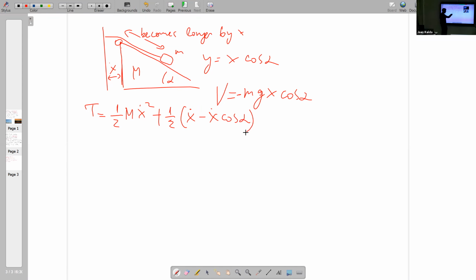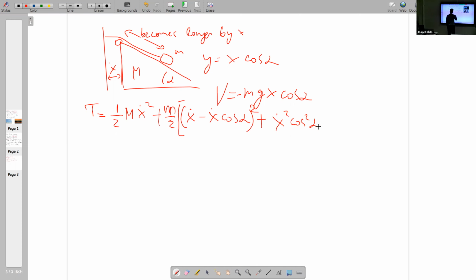So in the ground frame, this difference is the horizontal velocity, squared, and we put here the small mass, and then we need to add a vertical one, and the vertical one is just x dot cosine alpha squared. x dot squared cosine squared alpha.